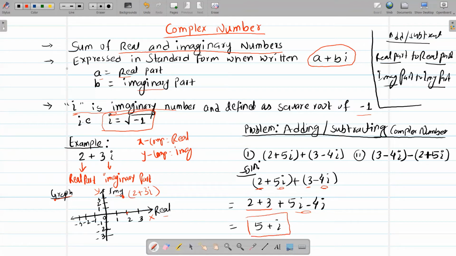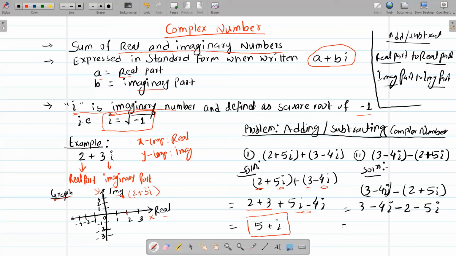In the same way, how can you subtract? For the subtraction, we have 3 minus 4i minus 2 plus 5i, right? When we subtract, the minus times plus is going to be minus 5i.